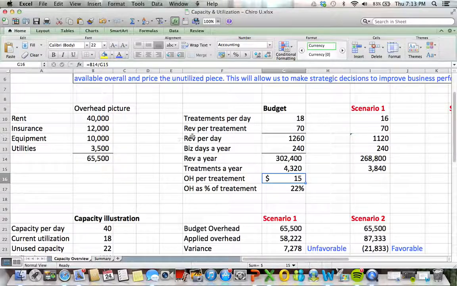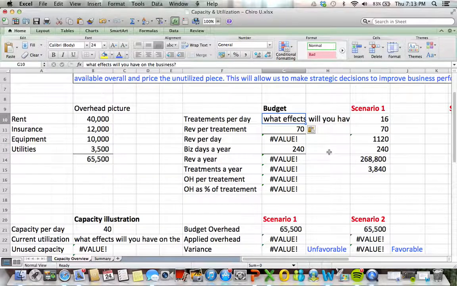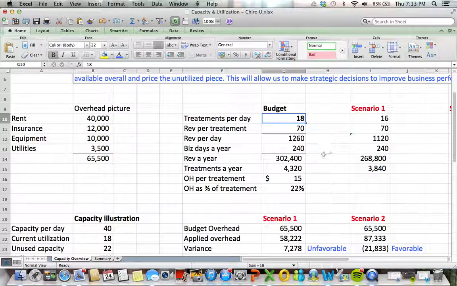So in this case, I'm looking at treatments, because I calculated how many treatments I have per year based on how many I have per day. Treatments per day, and then treatments per year. Given this situation, my total overhead is 65K.